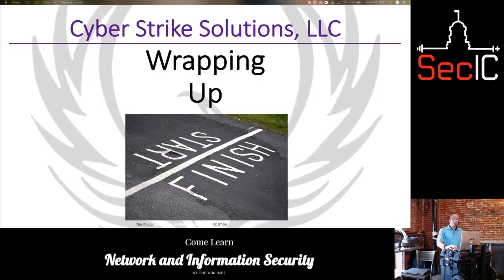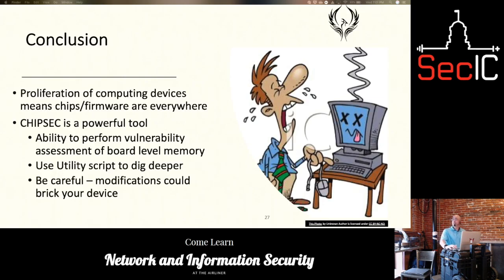So, wrapping up, with more and more devices being out there, it means that there's more firmware and flash memory and things like that. That's everywhere, and we need to make sure that we're aware of it and are taking the appropriate measures to protect it.